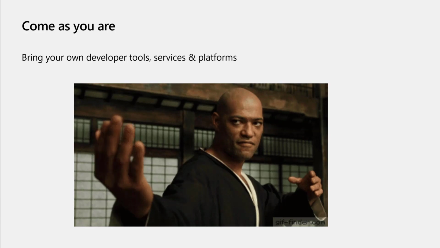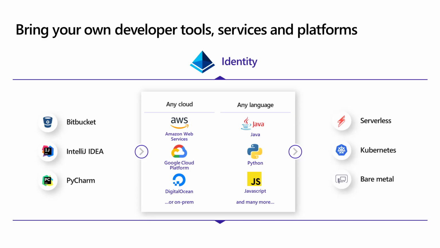And since the challenges are the same, and since we want to support everyone out there, this slide is sometimes fairly controversial, considering that the only Microsoft thing that you see here is identity. But we want to make sure that developers are successful and enterprises are successful no matter where they run. So whether you use Bitbucket or GitLab, whether you use IntelliJ and PyCharm to develop your code, and whether you're running on AWS or Google Cloud or DigitalOcean, it doesn't really matter, or on-prem.